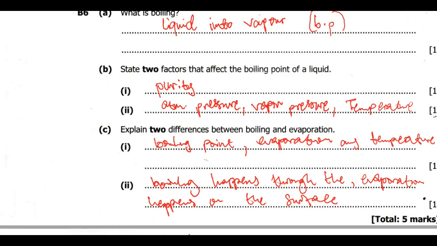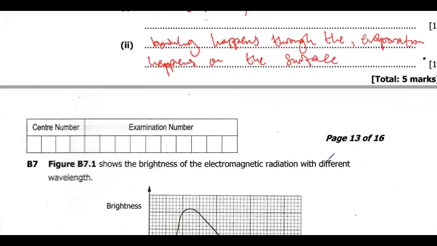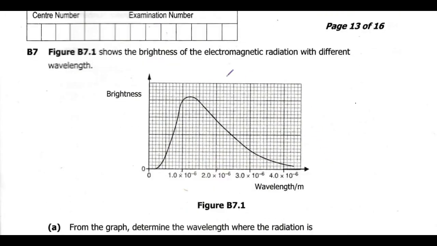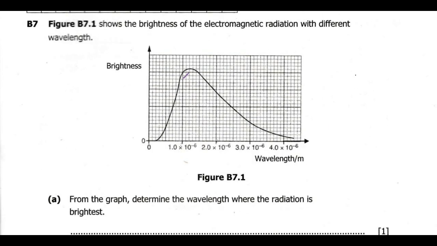And then, okay, we come to day 7. Figure 7.1 shows the brightness of the electromagnetic radiation with different wavelengths. So with different wavelengths, we have got different brightness. This is the brightness, this is the wavelength.